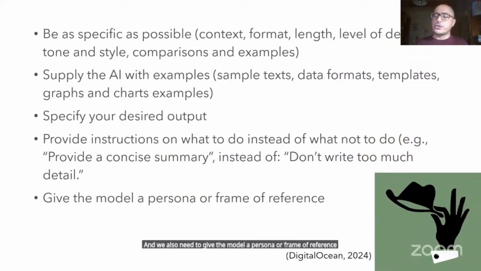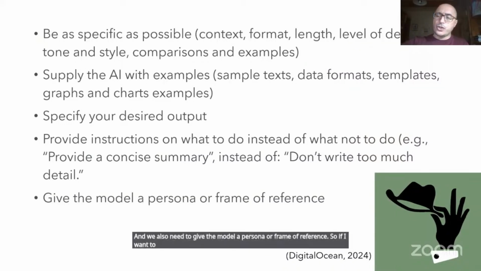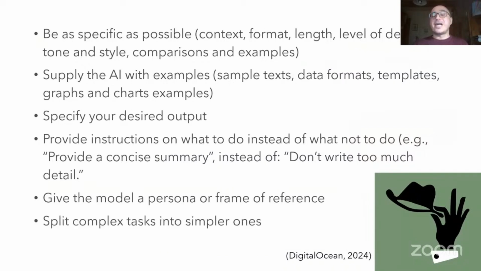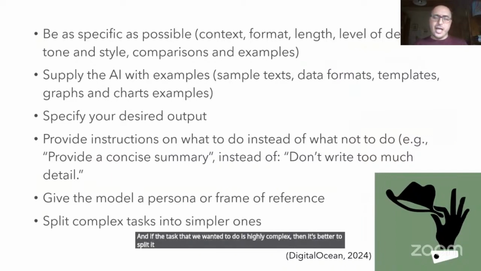So if I want to write a report, I need to tell the model from which perspective the report needs to be written, who the audience might be, and what my purpose is. And if the task that we wanted to do is highly complex, then it's better to split it up into simpler ones and then aggregate the different elements into one product.